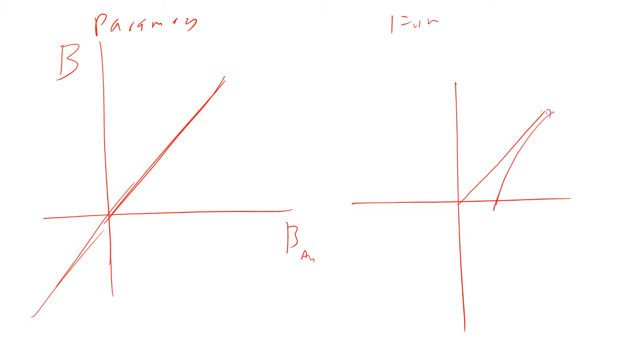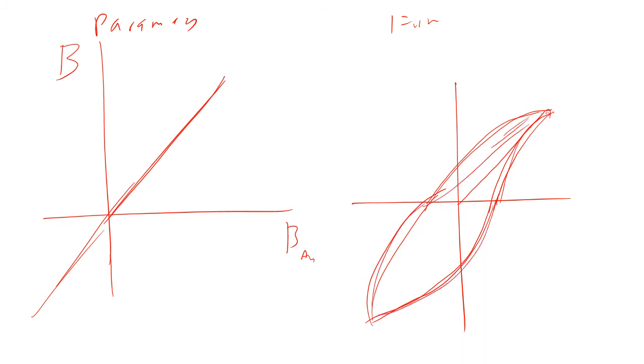Then you reverse the magnetic field, and then you turn it off, and then turn it on like this, and then it comes back. And so what's happening is that you get this hysteresis effect.